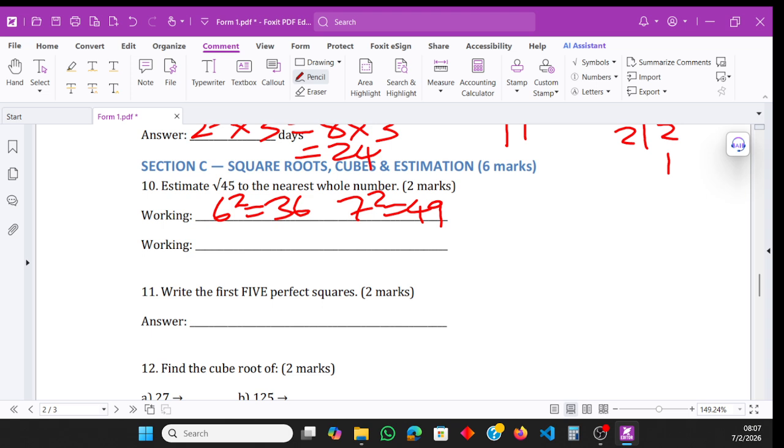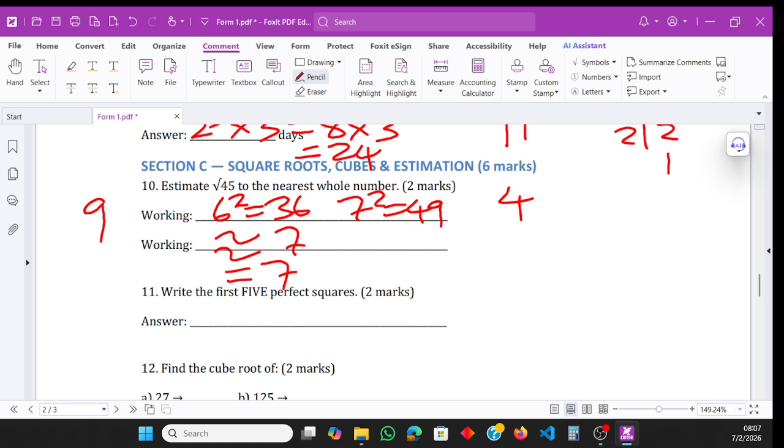It looks like they differ by 9. But if I look at the difference between 49 and 45, it's 4. So it looks like the square root of 45 is closer to 7 than to 6. So they are saying to the nearest whole number, I can say it's equal to 7.